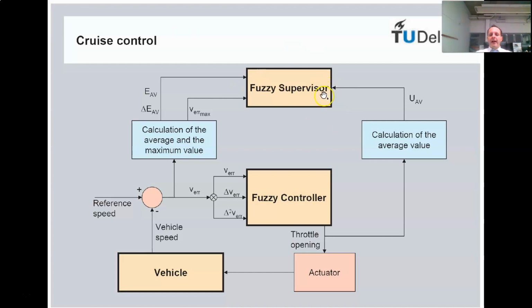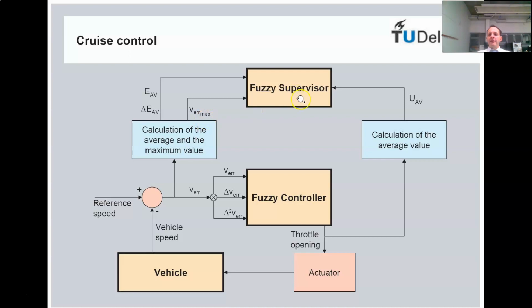So you have an upper controller, which is represented by the fuzzy supervisor, which is computing the reference value of the air valve and the reference velocity.